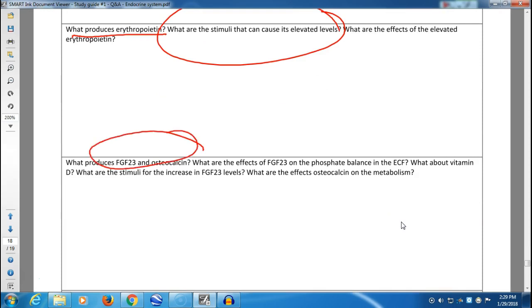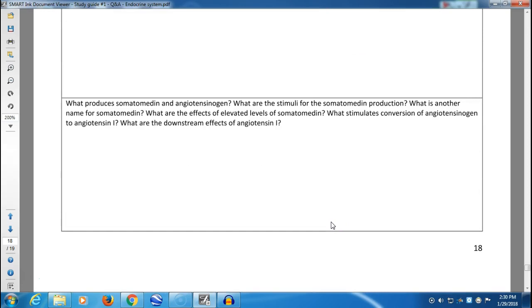Bones produce this, guys. Excretion of phosphate. That's all you need to know. Osteocalcin. Insulinotropic hormone. Increases insulin production. Somatomedin.